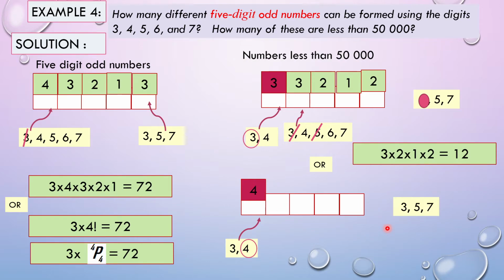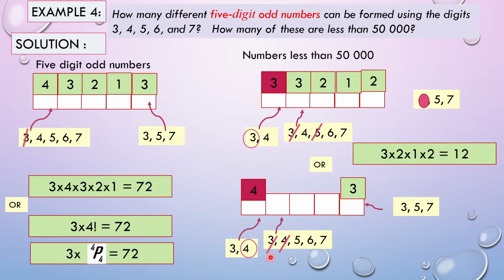Then for the last box, we now have digits 3, 5 and 7 left. Therefore, we have 3 options. Remember, the first box is occupied with digit 4, a fixed digit. The last box is occupied by 3 options, that will be 3, 5 and 7. The rest of the boxes have no condition to fulfill.